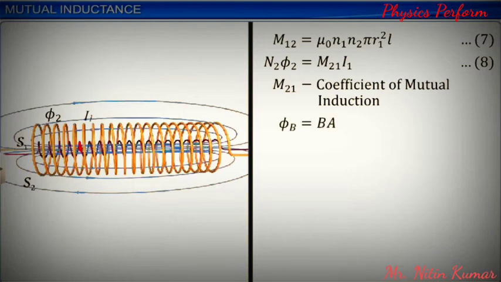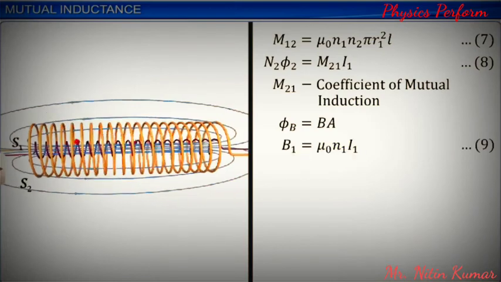The magnetic flux is equal to the product of the magnetic field strength and the area. The magnetic field B1 due to the current I1 in solenoid S1 is given by B1 equal to mu naught N1 I1. Let this be equation 9.